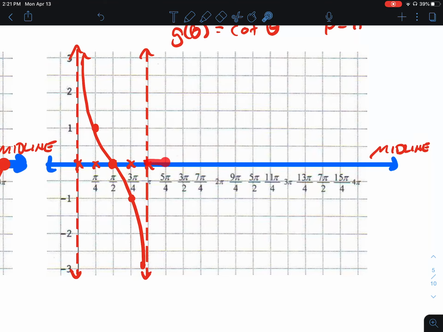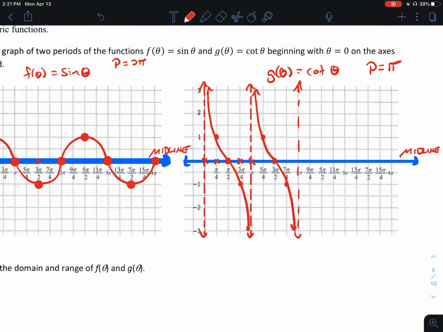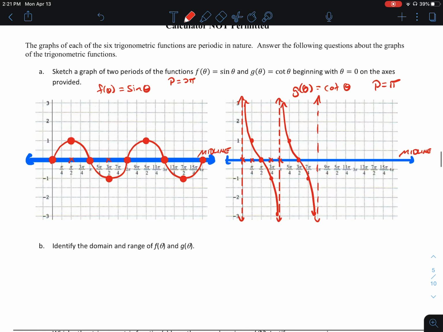So if I go to the right pi over 4 and up 1, I'm going to have a dot. If I go on the x-axis, theta axis, I'm going to have a dot at 3 pi over 2. I'm going to have a dot at 7 pi over 4, negative 1. Then I'm going to have another vertical asymptote. Concavity is changing at the midline. There we go. There's part A.